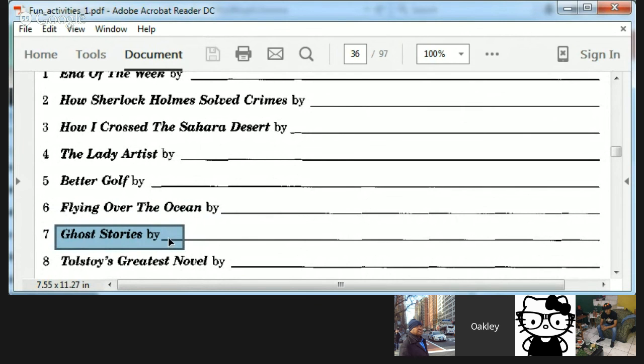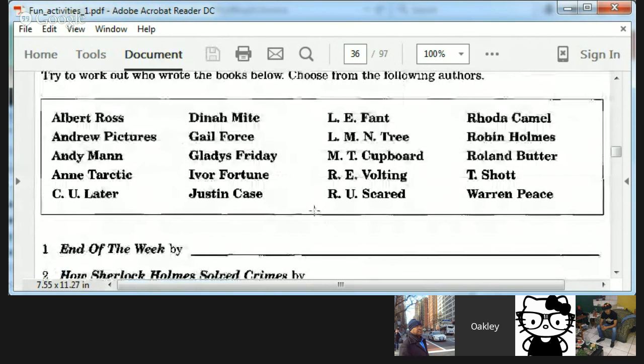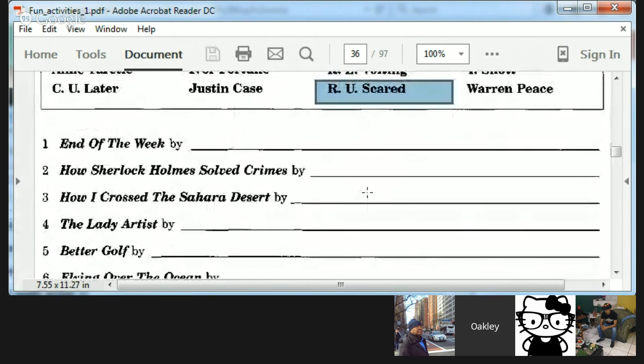Hey, Bear. Next one. Ghost Stories by Ghost. Long O sound. Ghost stories. Are you scared? Yeah, very good. You got it. That's it. You're right. Are you scared? As in are you.